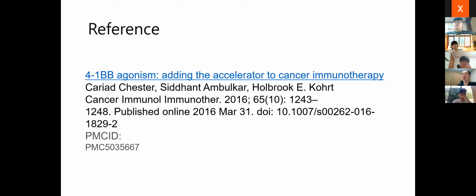You can make the immune system stronger. Then is that antagonist or agonist? What do you think? Antagonist. Can you explain why?